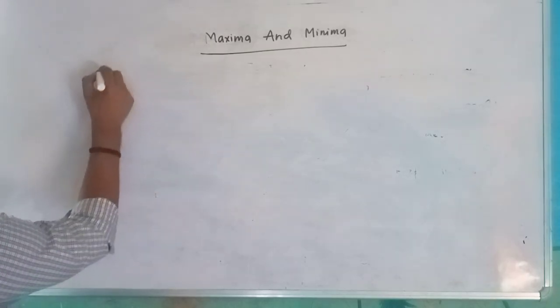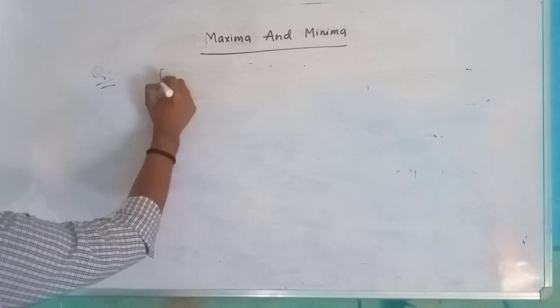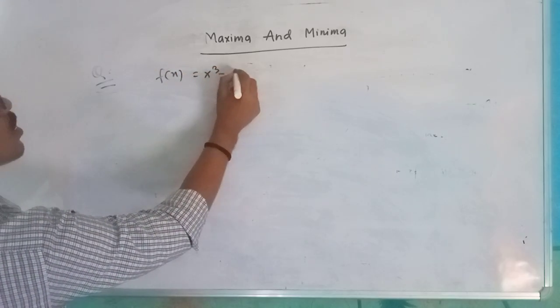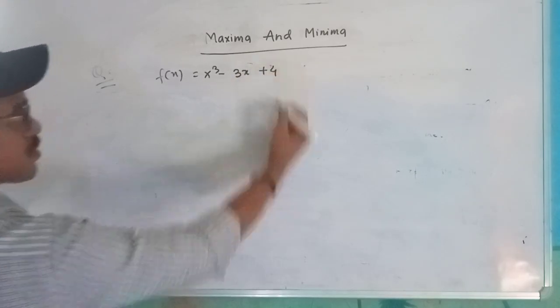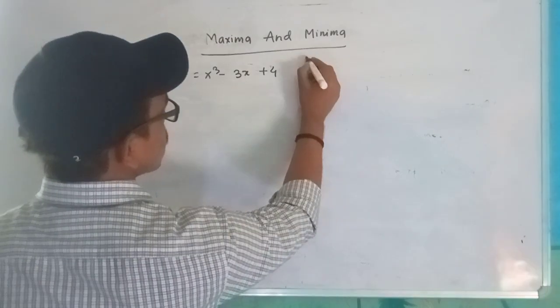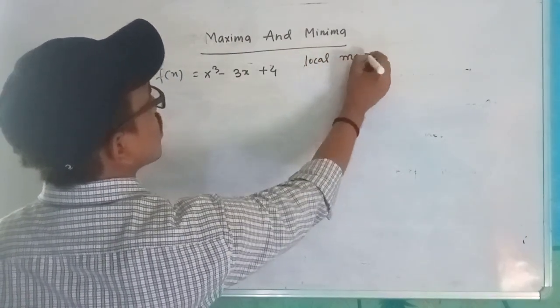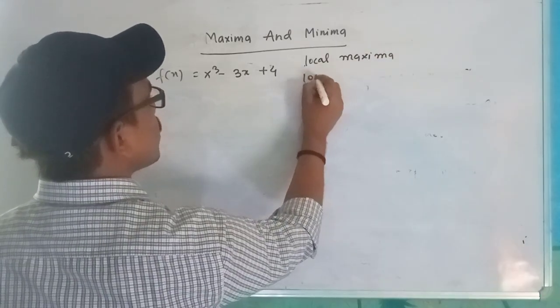Let's say the real question: f(x) is equal to x cube minus 3x plus 4. So we are given a function. Now we have to find local maximum and local minimum.